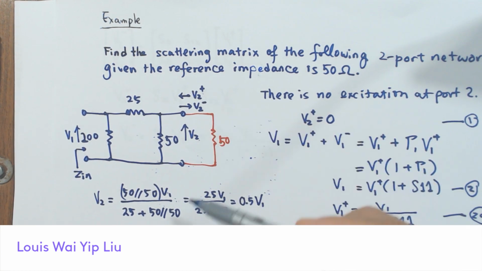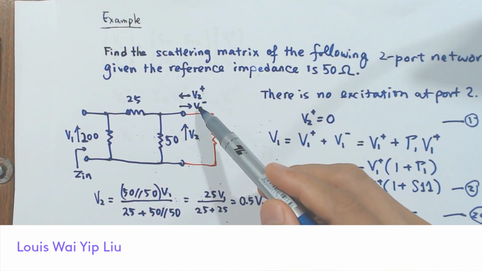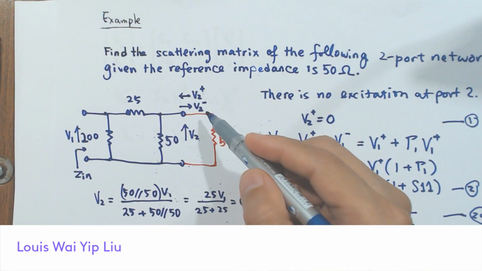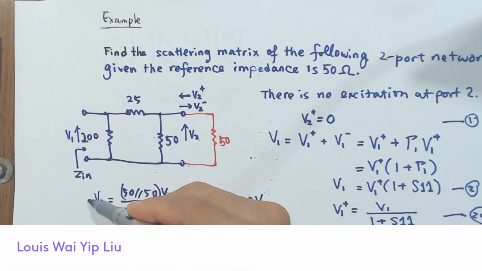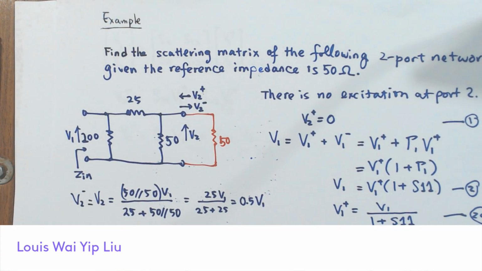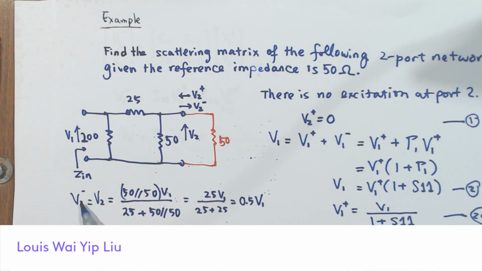There is no excitation. So we can say V2 is equal to V2 minus the reflected wave, in this case the reflected wave at port 2, which is actually equal to 0.5 V1.